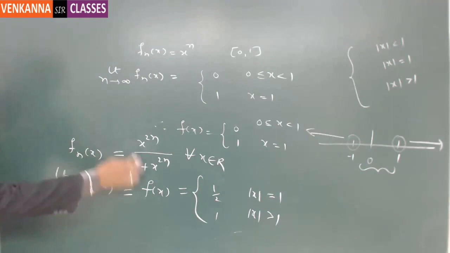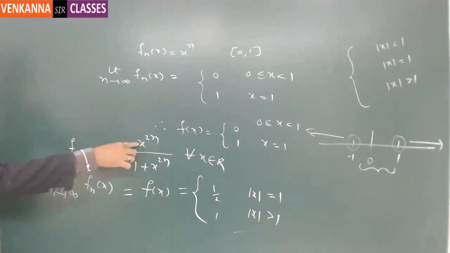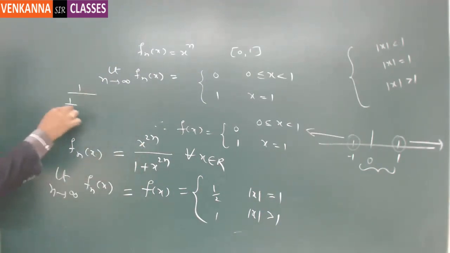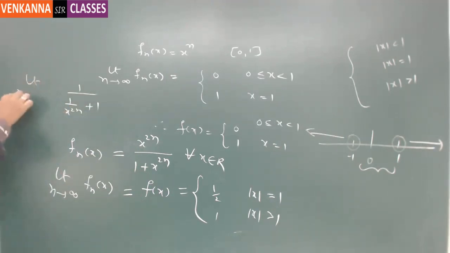It is just like if you take common x power 2n here, so you can write 1 by (1 by x power 2n plus 1). So while applying the limit as n tends to infinity, it is nothing but 1. Yes or no?